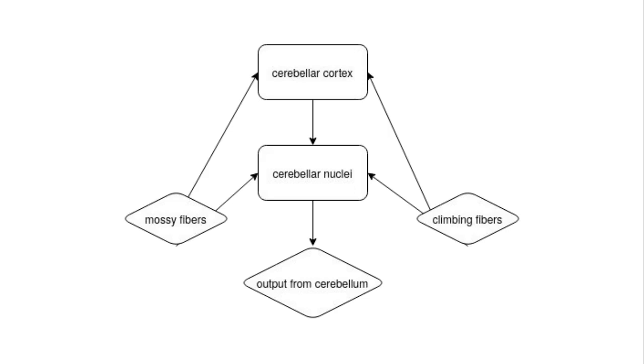And then what outputs from the cerebellum is the cerebellar cortex outputs indirectly through the cerebellar nuclei. The nuclei output then, as I've said, goes through the thalamus and then to the rest of the cortex.